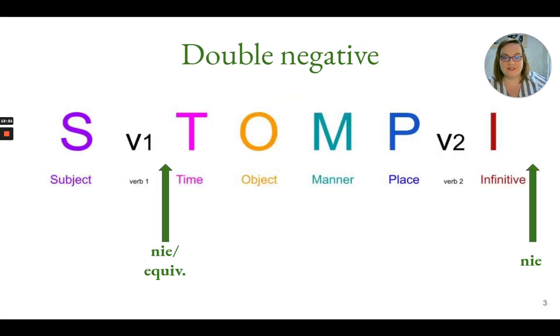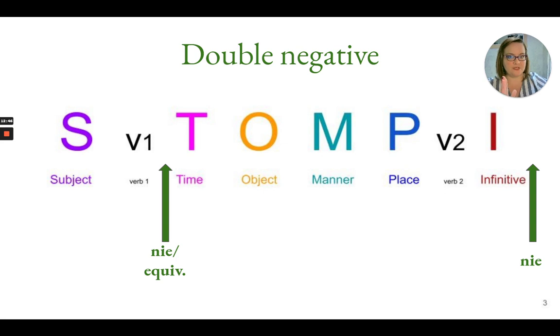Double negatives. Let's just look at what we did today. We looked at the double negative. When you have a standard sentence, what I mean by standard is that you have that verb and a longer sentence with an object, a manner, and a place. That's just the standard longer sentence. The double negative goes after the first verb and at the end of the sentence. That's it.